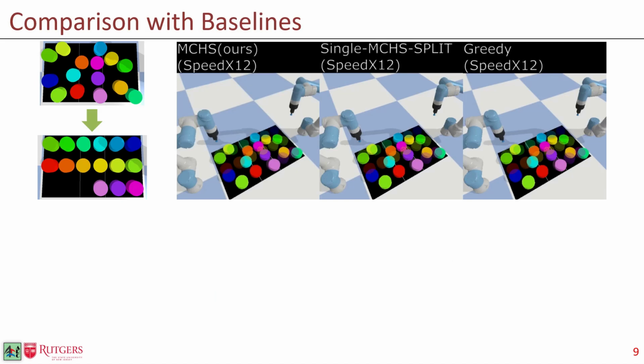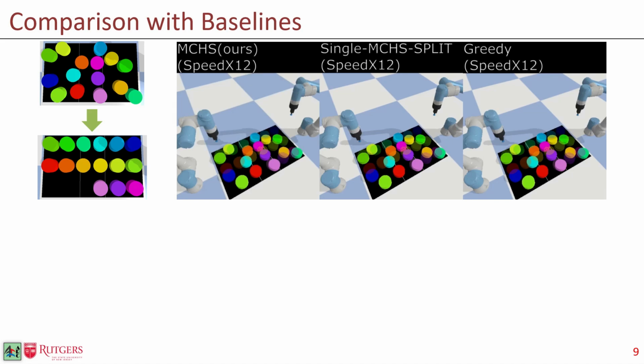Here we show a comparison between our methods and two baseline planners. Single MCHS split applies our algorithm to a single-arm setting and then evenly distributes tasks to two arms without considering efficient robot coordination.